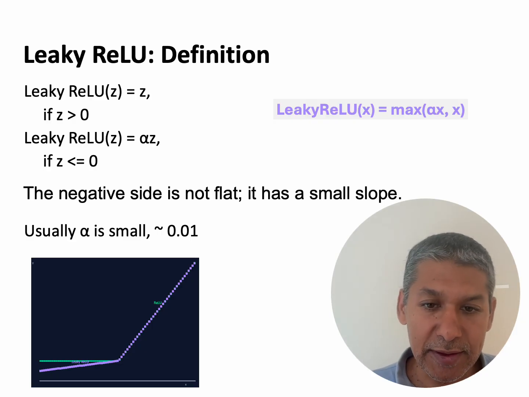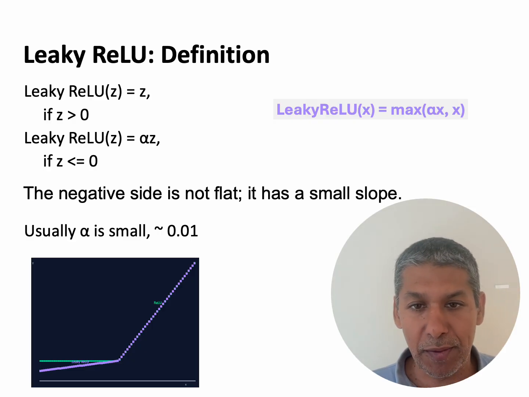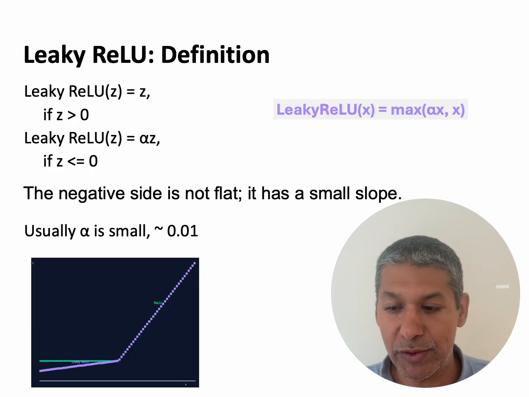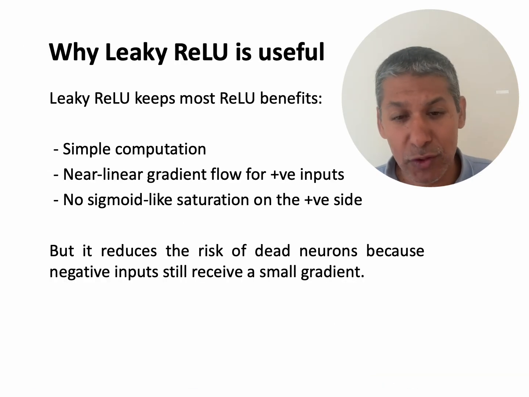If x is negative, such as -1, then we multiply that with 0.01, so -1 becomes -0.01. So it just has a small slope. It doesn't rectify it entirely to 0. That's basically leaky ReLU.